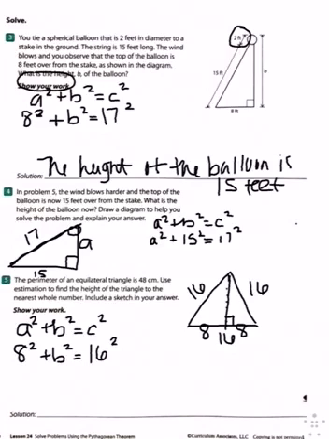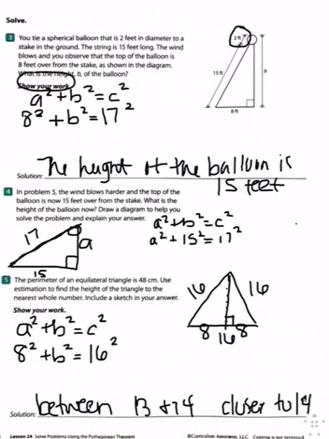You take the square root of 192, which is going to give you a decimal that is about 13 point and then a big long decimal. So it's between 13 and 14. But it's closer to 14. If you were to round up, it would be closer to 14. And it does say round to the nearest whole number, so closer to 14. Make sure you showed all of your work in that problem.